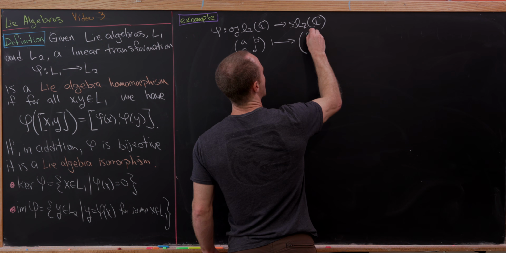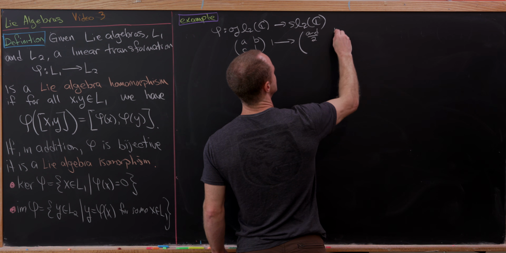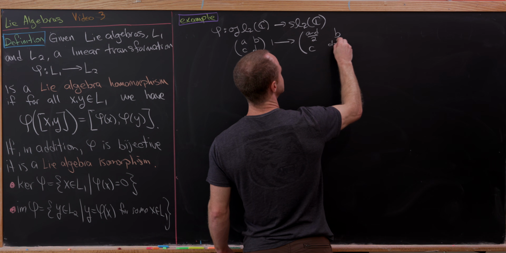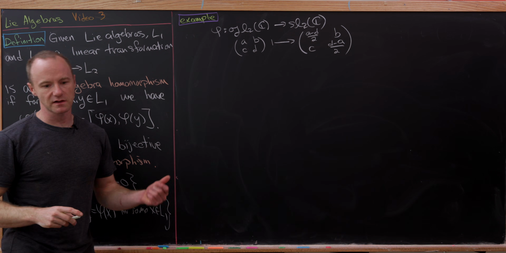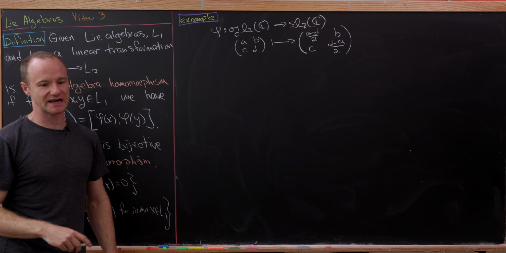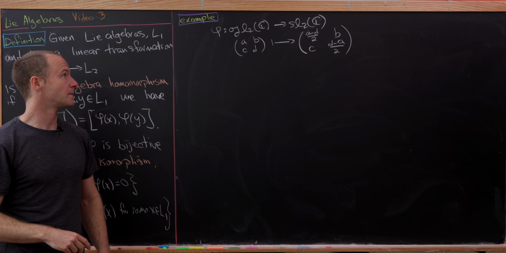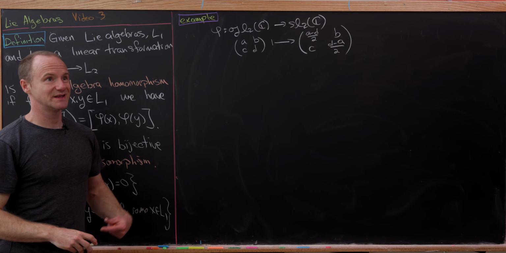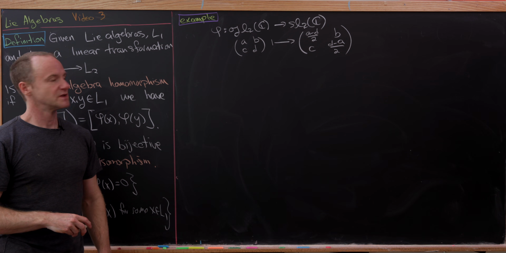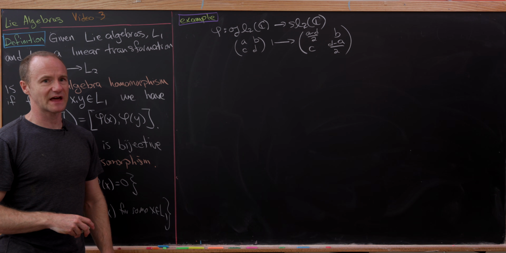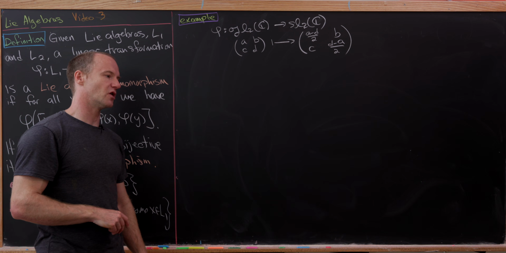So here we'll have A minus D over 2, B, C, and then D minus A over 2. So pretty clearly by construction, that thing has trace 0. And also it's a linear transformation. That's easy to check as well. So now let's check that it's in fact a Lie algebra homomorphism.